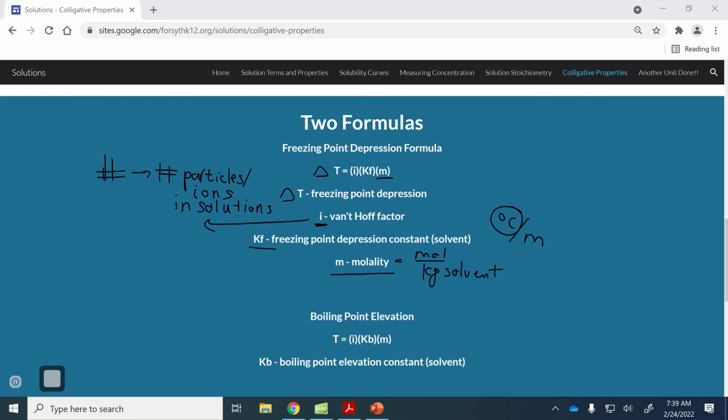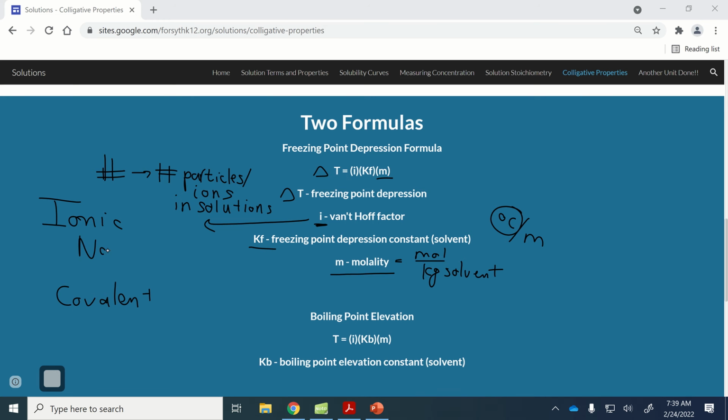So this is going to be just a 1, 2, 3, 4, 5, 6, 7 number that I'm multiplying everything by. But it's something we have to pay attention to. How do I figure out the number of particles of the solute in the solution? Well, what I look at is, do I have an ionic compound or do I have a basically covalent compound? If it's ionic, ionic means it's made of ions.